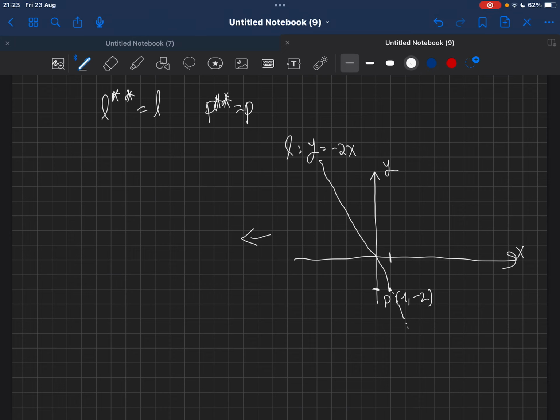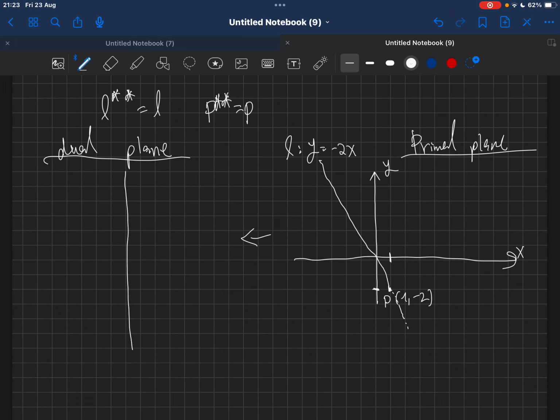Now let's translate them to the dual plane. This is the primal plane I am working on, and I can translate it to the dual plane, and this is sometimes useful to solve problems. Looking again at the x-axis and the y-axis, this line will be translated to a point.